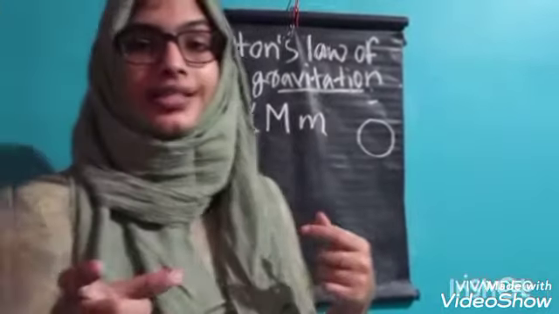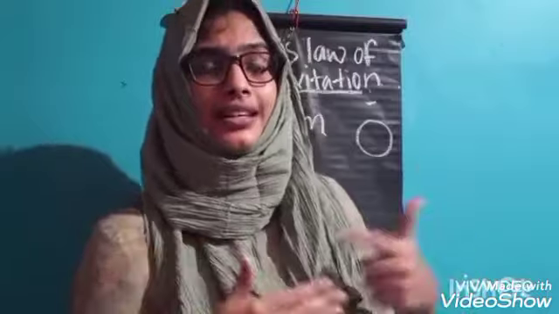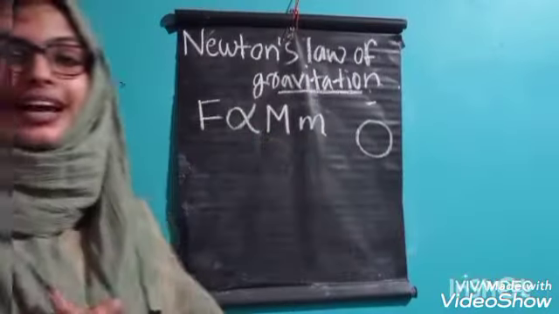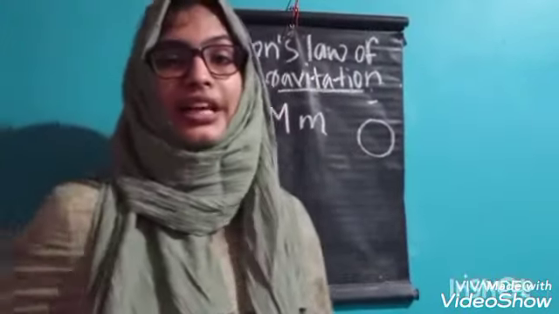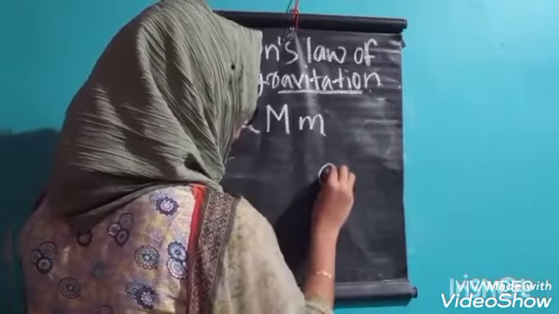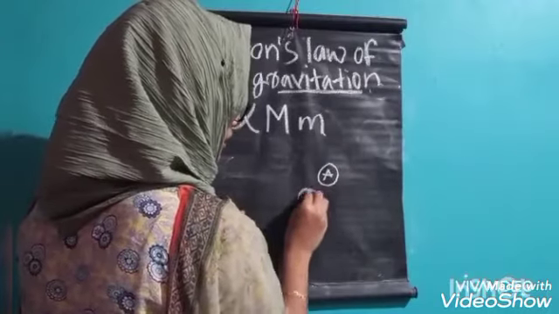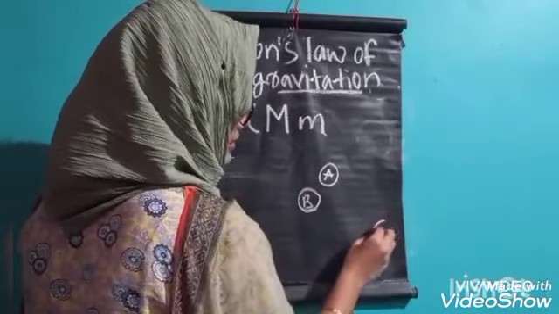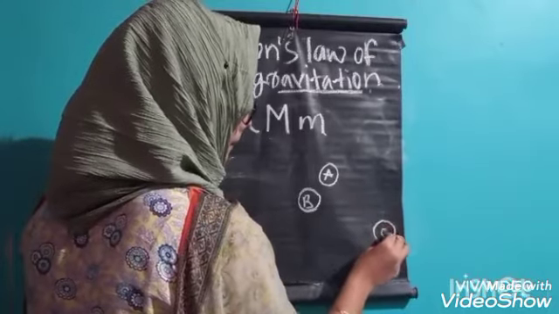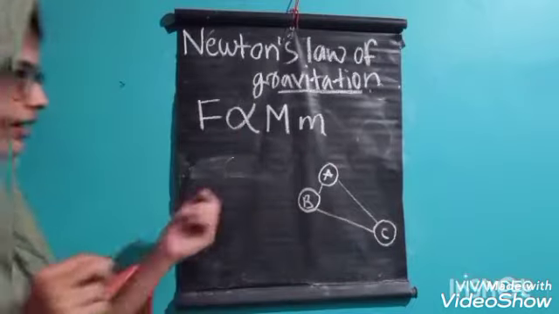The next one is the distance. How does the distance influence the force of attraction or force of gravitation? Suppose this is object A, this is object B and this is object C. These are three objects.